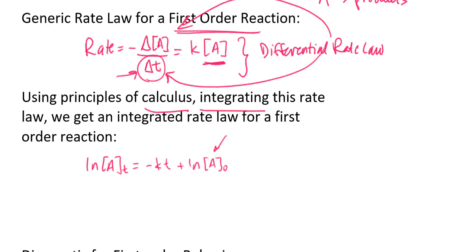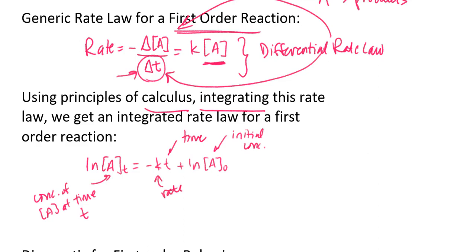So again, A at time 0 is your initial concentration. A at time t is exactly what it sounds like. It's your concentration of A at time t. T is the time itself. And K is our rate constant.